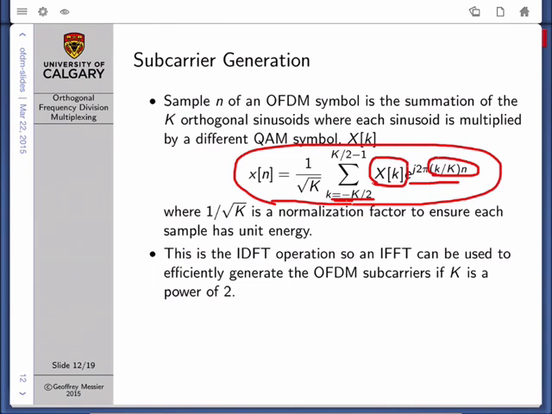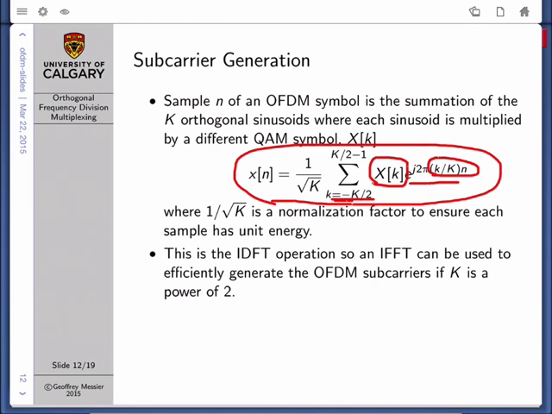Now, once people realized that if we're working in the discrete domain, the summation of the OFDM carriers was just the inverse DFT operation, that made it much more efficient, because the DFT can be implemented using the fast Fourier transform operation. And so it can be done extremely efficiently, as is well known.